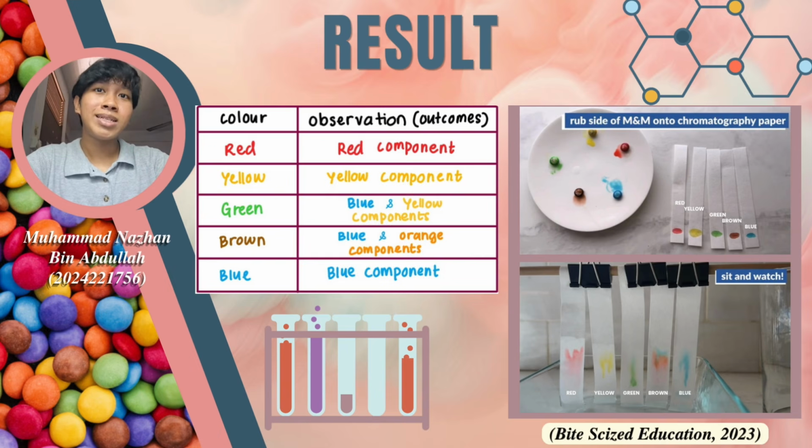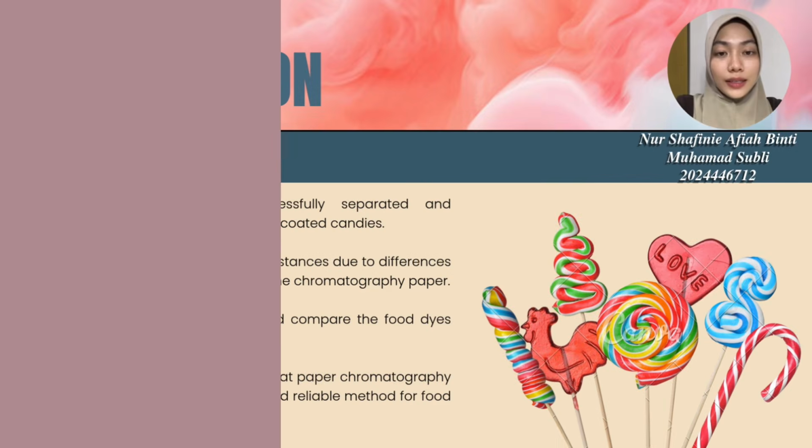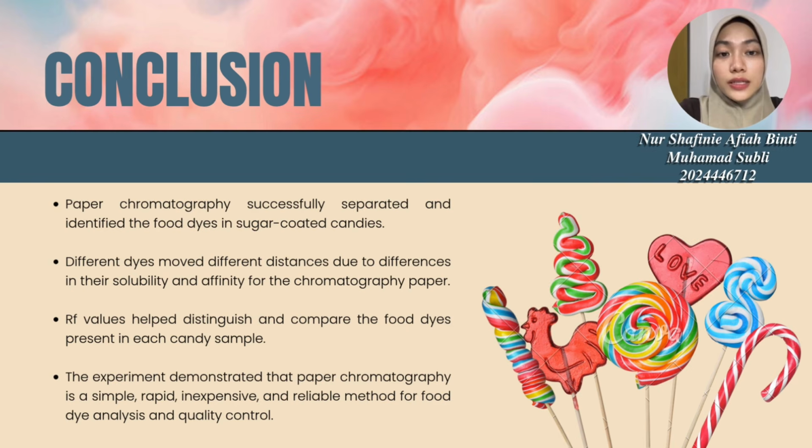This experiment demonstrates that paper chromatography is an effective method for separating and identifying food dyes in candies based on their different solubilities and attraction to the chromatography paper. In conclusion, this experiment successfully showed that paper chromatography is an effective method for separating and identifying food dyes in sugar-coated candies.